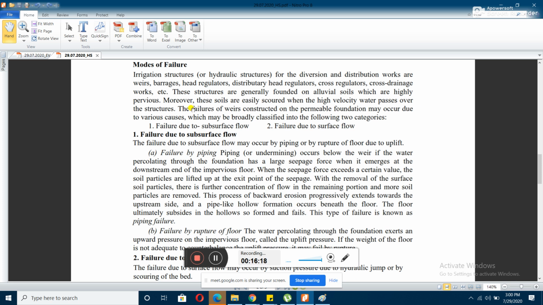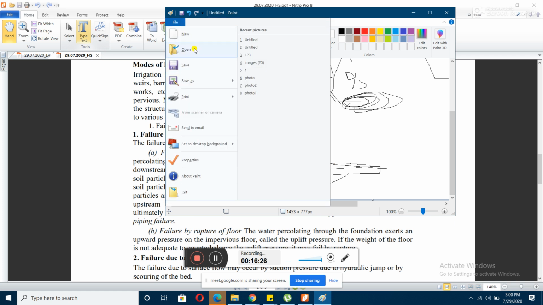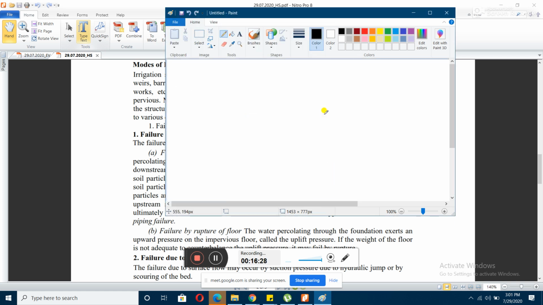Okay, so next comes the modes of failure. What are the modes of failure? Modes of failure can be in two ways, that is subsurface flow and surface flow.